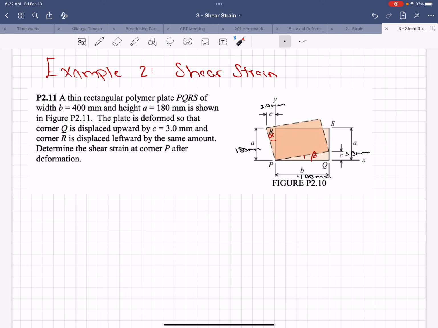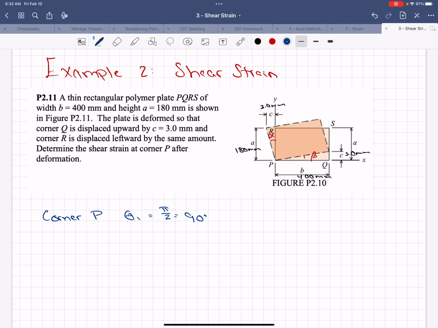So to write this out, corner P has a theta 1 equal to pi over 2, which equals 90 degrees.